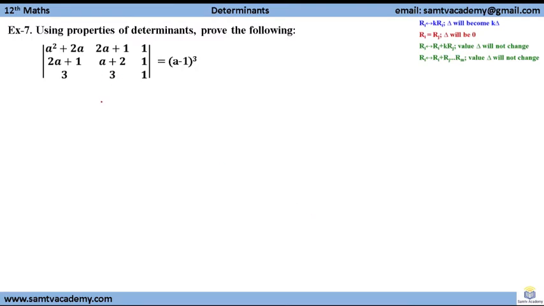Now what step can we follow? In column 3 we have all 1s.